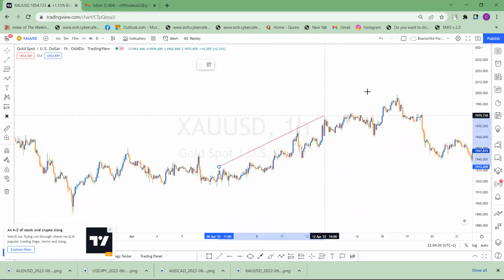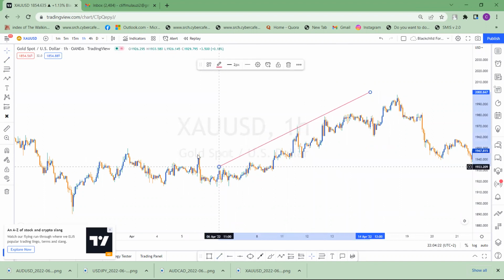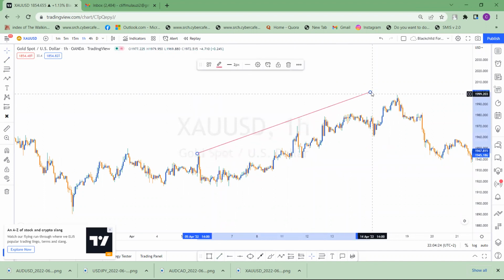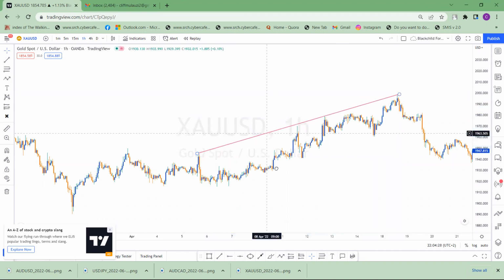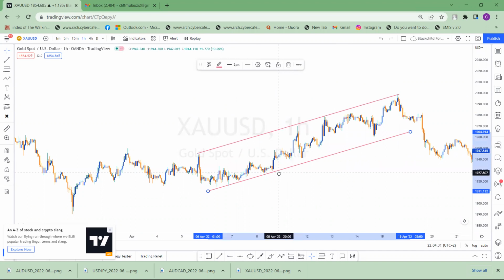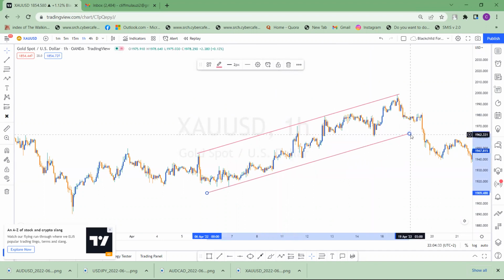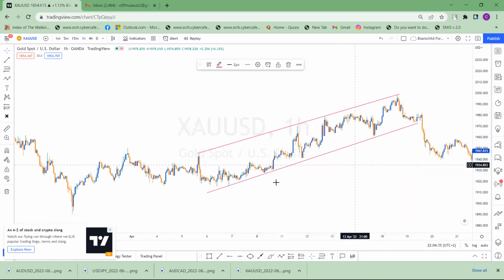So I'll do this just to see my higher highs and higher lows. You have seen that this is a bullish momentum and the market is pushing to the upside.